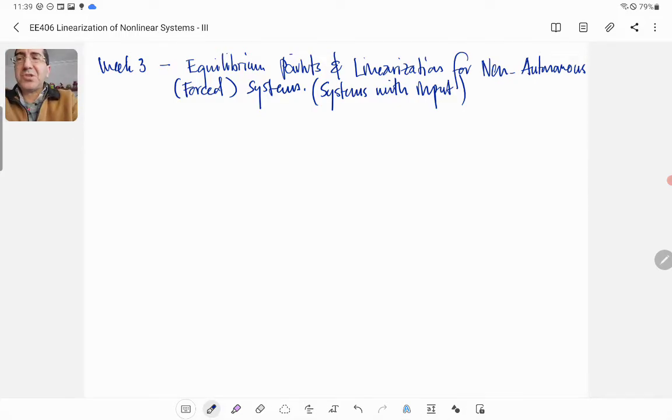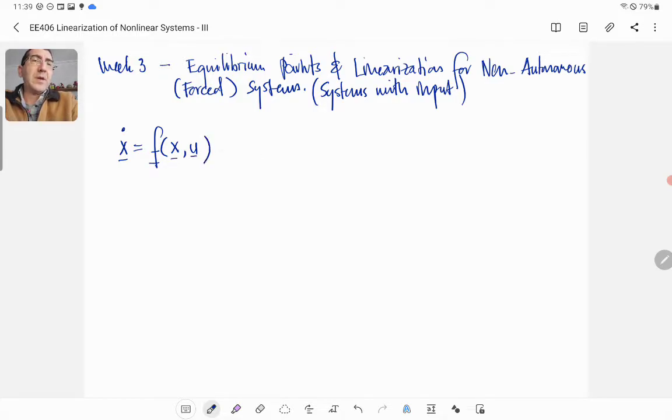Now the generalization is that we have x dot equal to a nonlinear function, often a vector function, of both a set of states and a set of inputs.